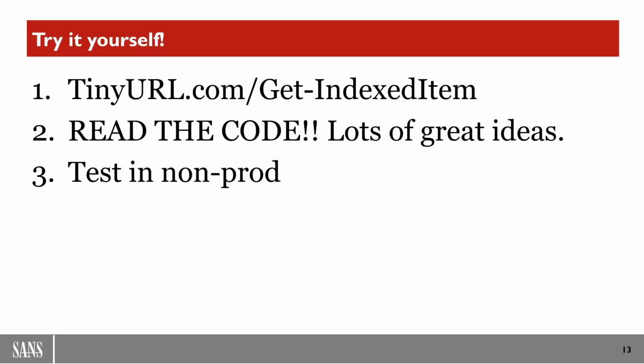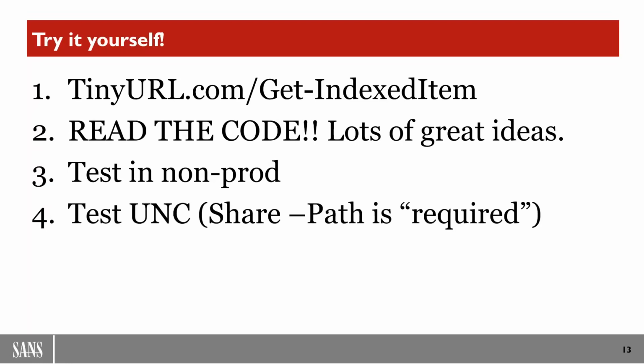And then also test in non-production. Even though this is lightning fast, I have seen EDR that could catch this. If you're trying to fly below the radar, there's some evasion techniques that you're going to need to use. So test it in your non-production environment that replicates prod as closely as possible. And then finally, test your UNCs.